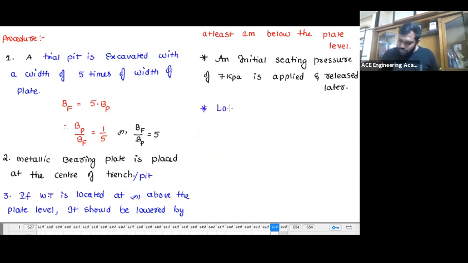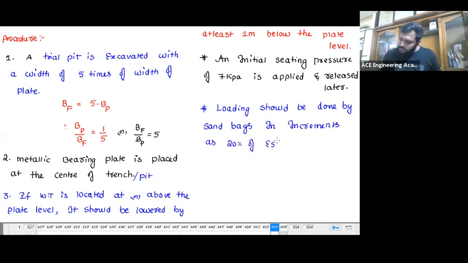Now, loading should be done by sandbags in increments of 20% of the estimated load, or by not exceeding 100 kilopascals.